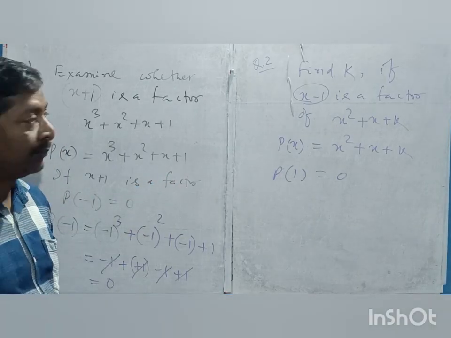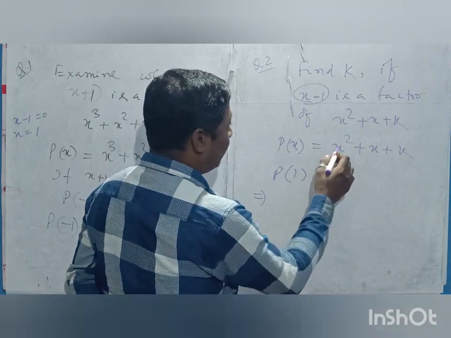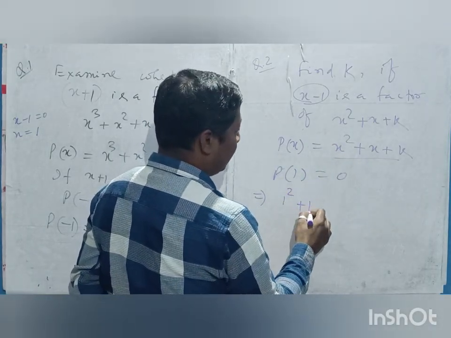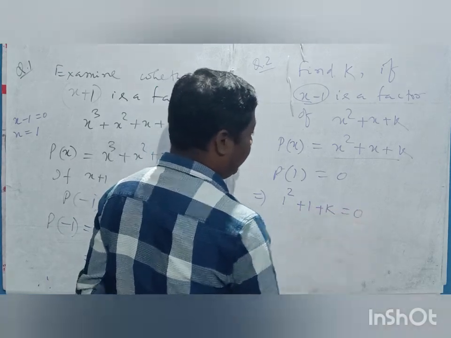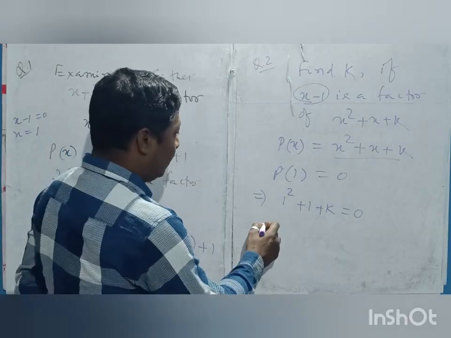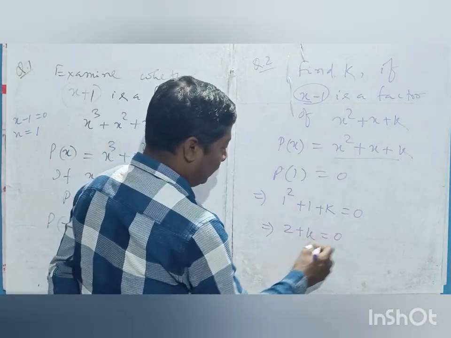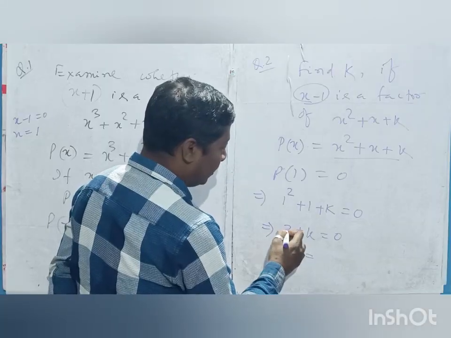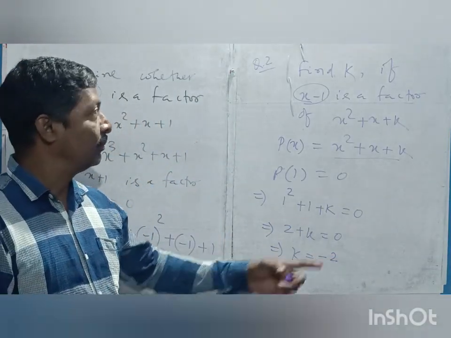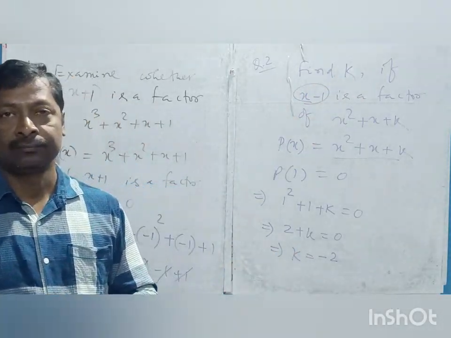That means 1 square plus 1 plus k is 0, putting the value of x as 1. So 1 plus 1, 2, plus k equal to 0. That means k equals minus 2. Find k: the value of k is minus 2.